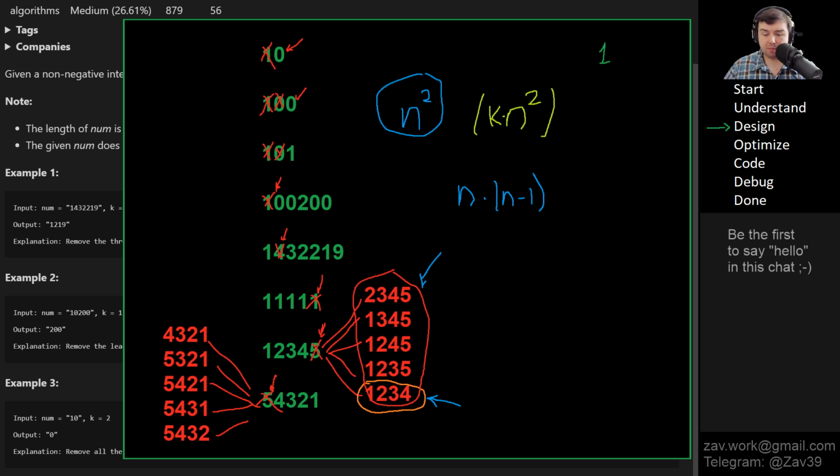Let's optimize it. First of all, let's think about our constraints, like what is the best complexity in the worst case. We expect to return a new number, so at least we need to store this number.